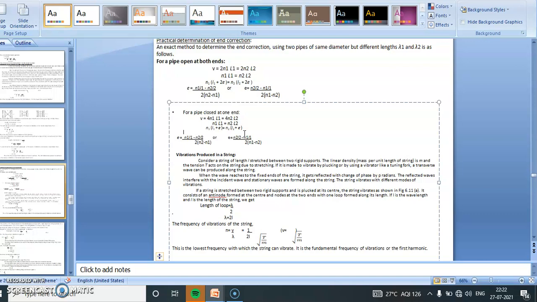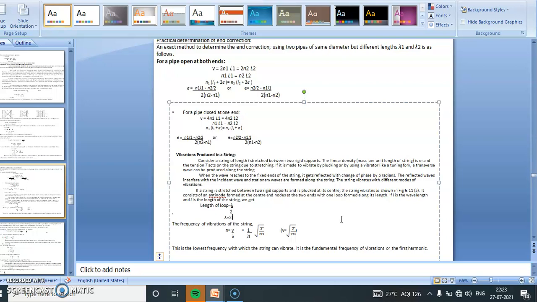The frequency of vibration of this string is given by n is equal to V upon lambda. Put in the value of lambda. And V is under root T upon M. T is the tension, M is the mass per unit length, the linear density.